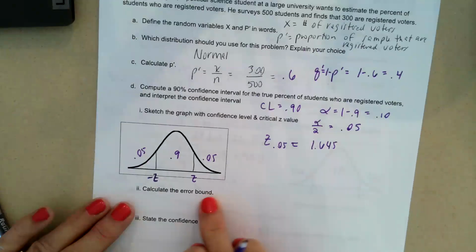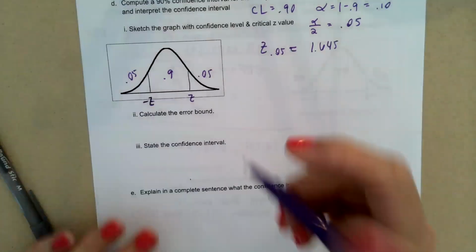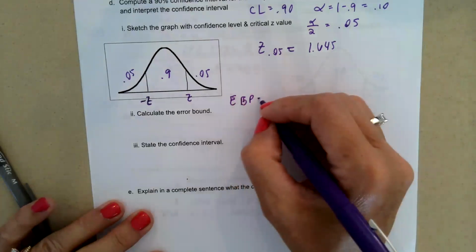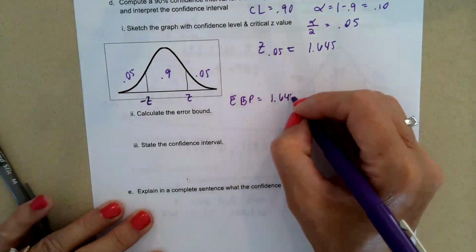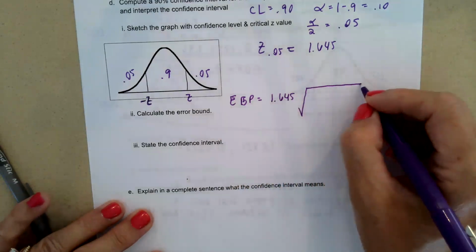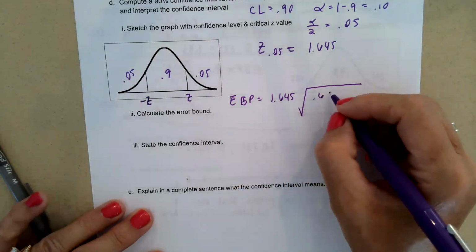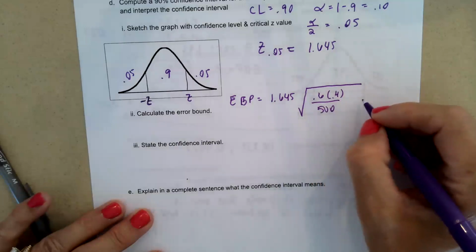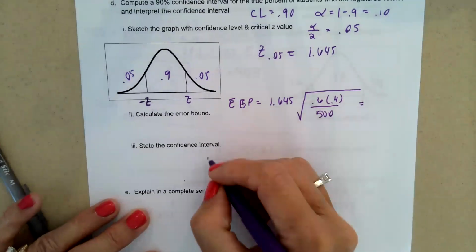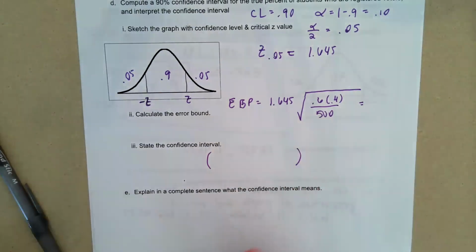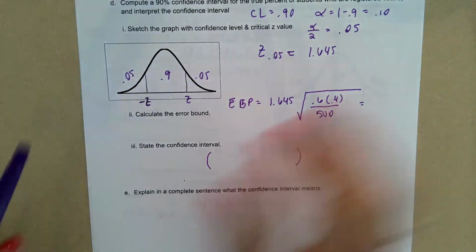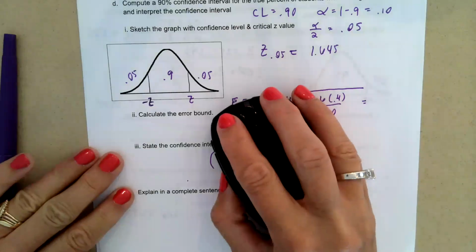Okay, so our error bound here, our EBP is 1.645 times the square root of 0.6 times 0.4 divided by N, which is 500. And then we're going to get our interval here, and then we'll do our interpretation. So let's go ahead and go to Desmos so that we can check this out.